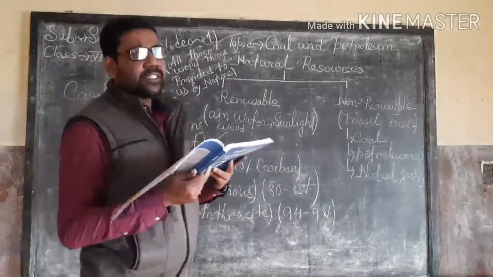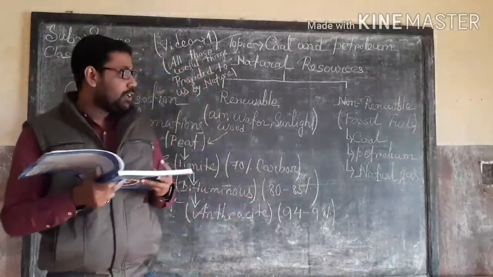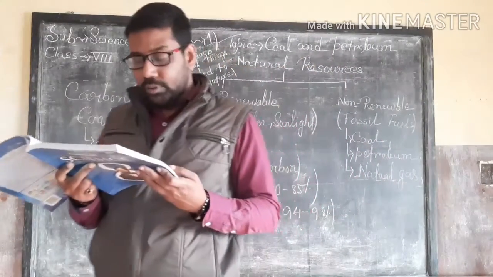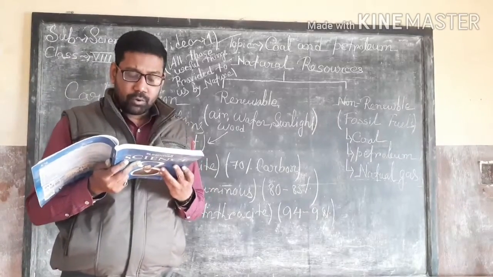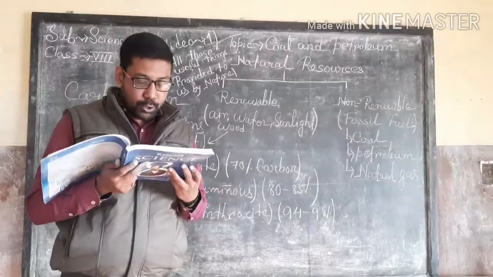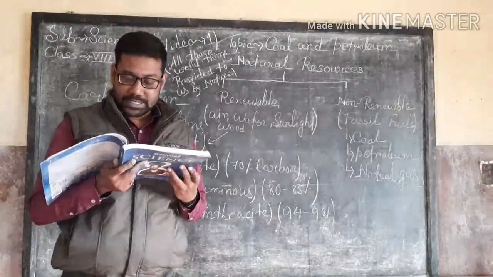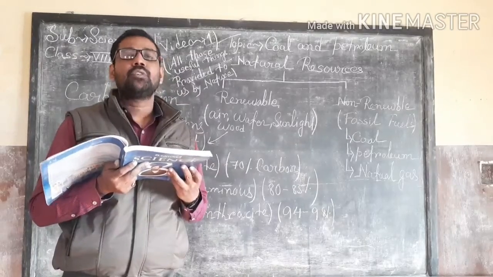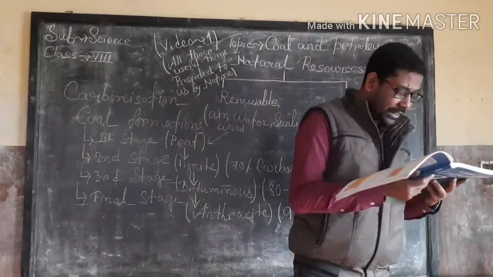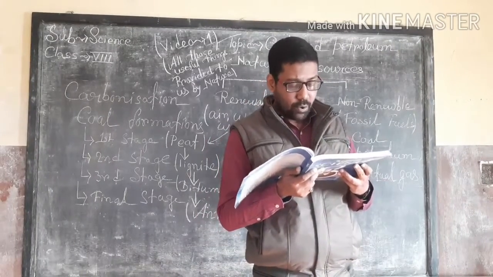Next, destructive distillation of coal. The decomposition of coal at high temperatures in the absence of air to produce useful organic and inorganic products is called the destructive distillation of coal. Coke, coal tar and coal gas are useful products obtained from the destructive distillation of coal.